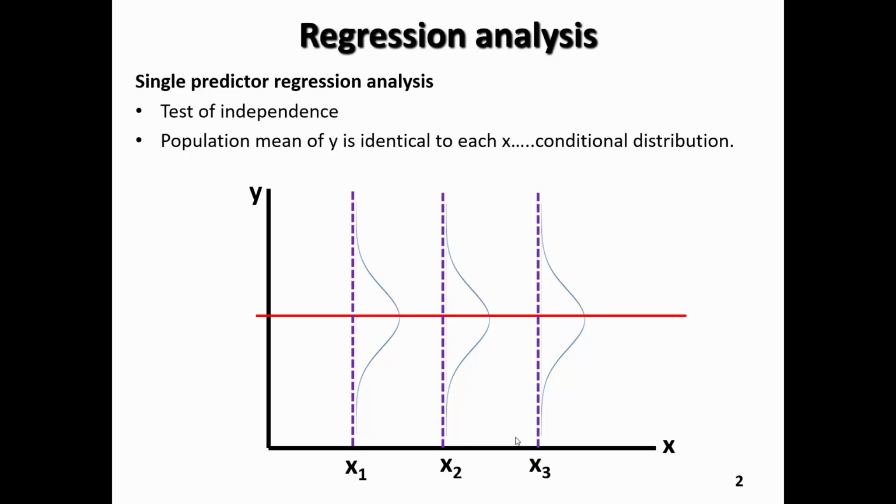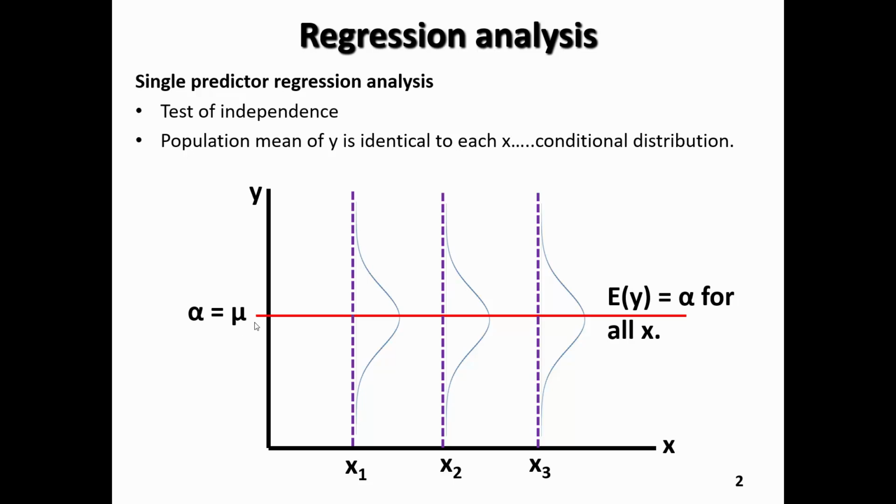And so the test of independence is essentially evaluating if the average value of y at each value of x is different along each value of x. So the expected value of y, E, does this equal alpha for all of the x values of our predictor variable, where alpha is the y-intercept?